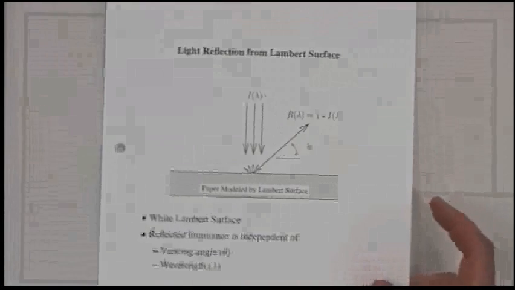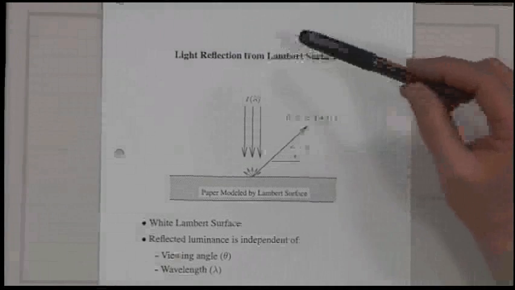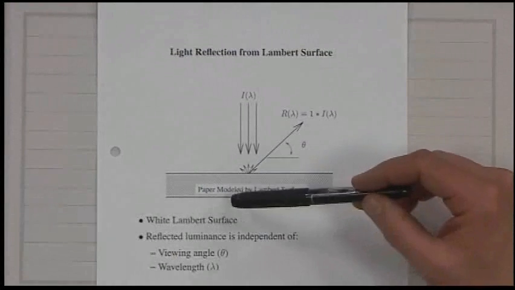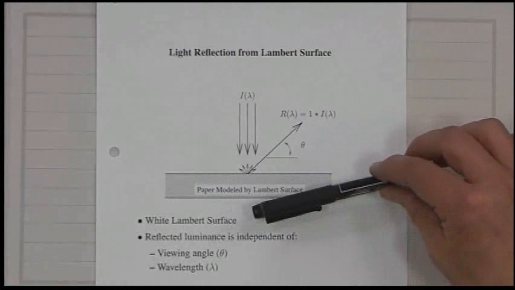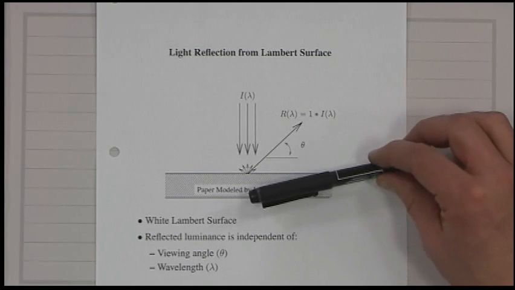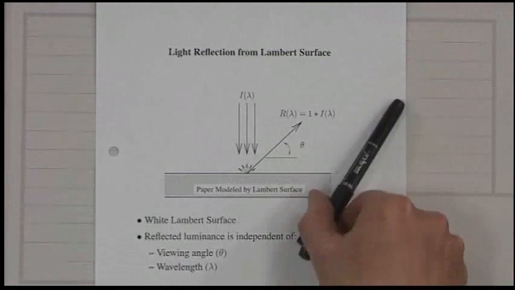Now, if you have a Lambertian surface, I talked about this before with the light reflecting off the surface of the moon. The light goes in, it scatters around, and it comes out in what I might call a random direction. It's not very specific.